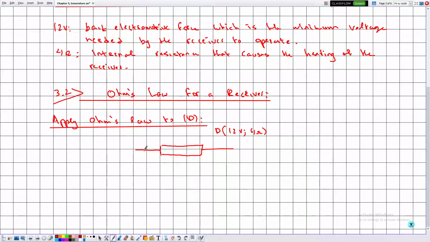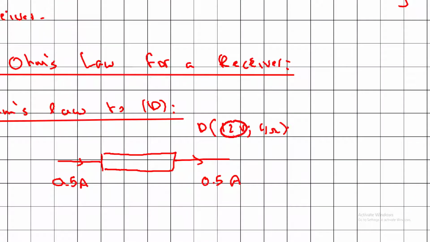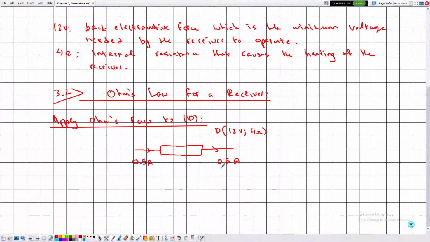Suppose in this case the current is being traversed like this, and the value of this current is 0.5 amperes. So what's the relation between the applied voltage across this D, the back electromotive force, the internal resistance and the current? According to Ohm's law, they are related to each other by the following formula: U is equal to E plus IR.